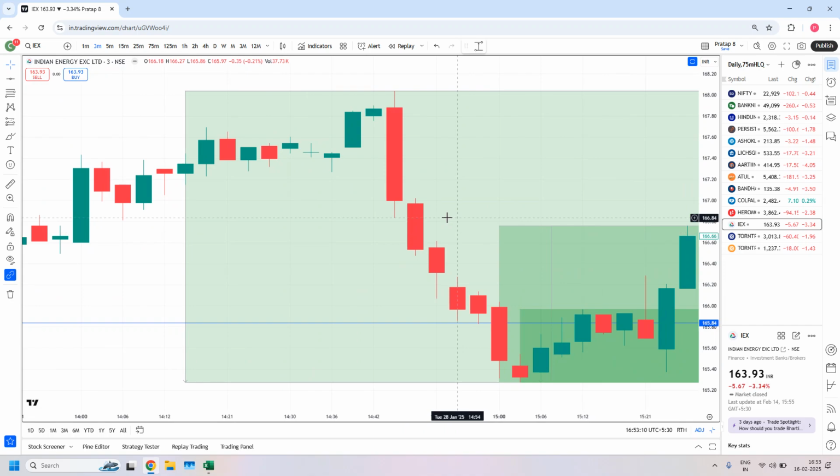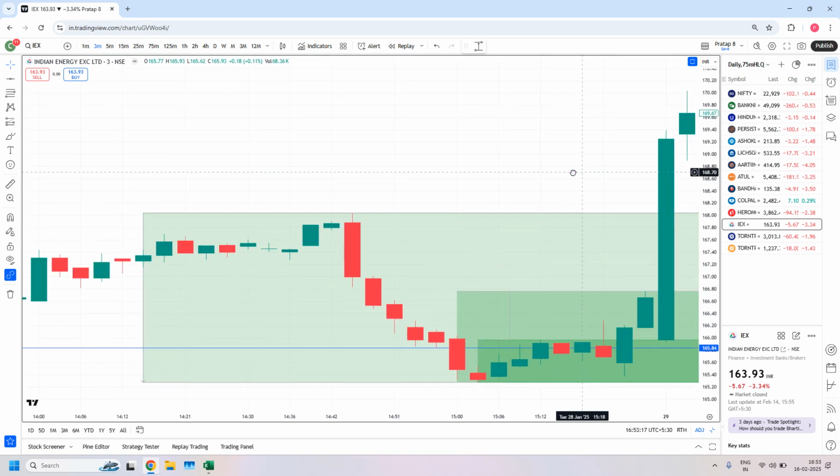See? We have a rally candle, we have another rally candle, no base candles. Because of this high explosion, see, 160 rupees until 169 rupees. Sorry, 165 rupees to 169 rupees.